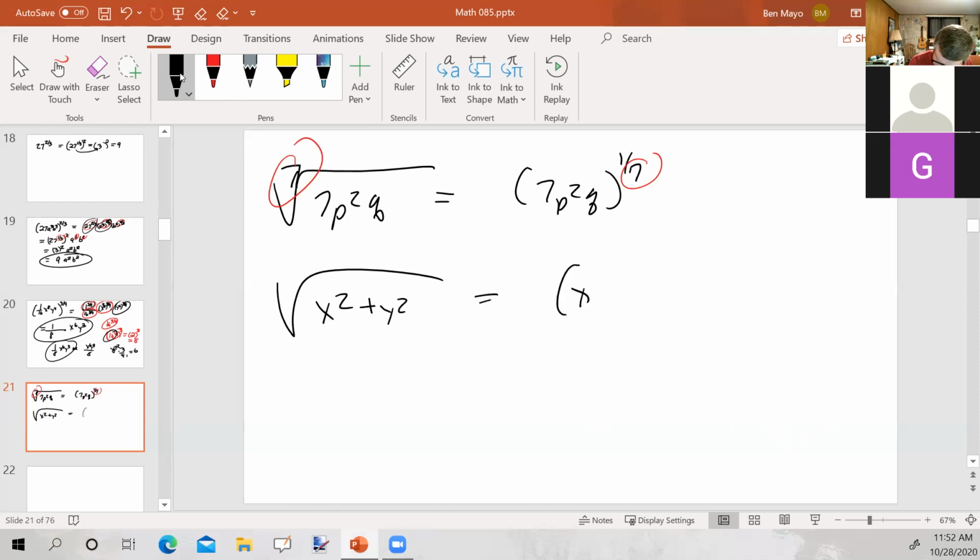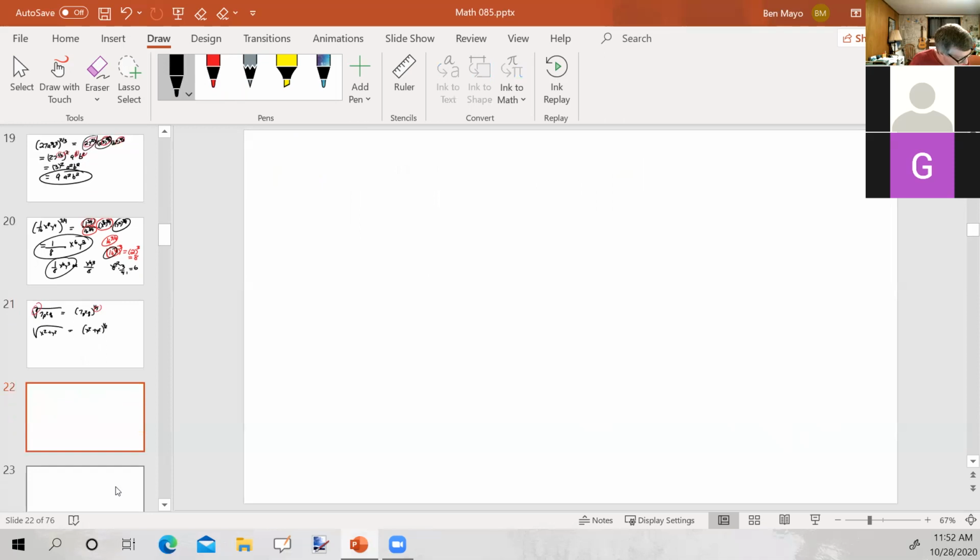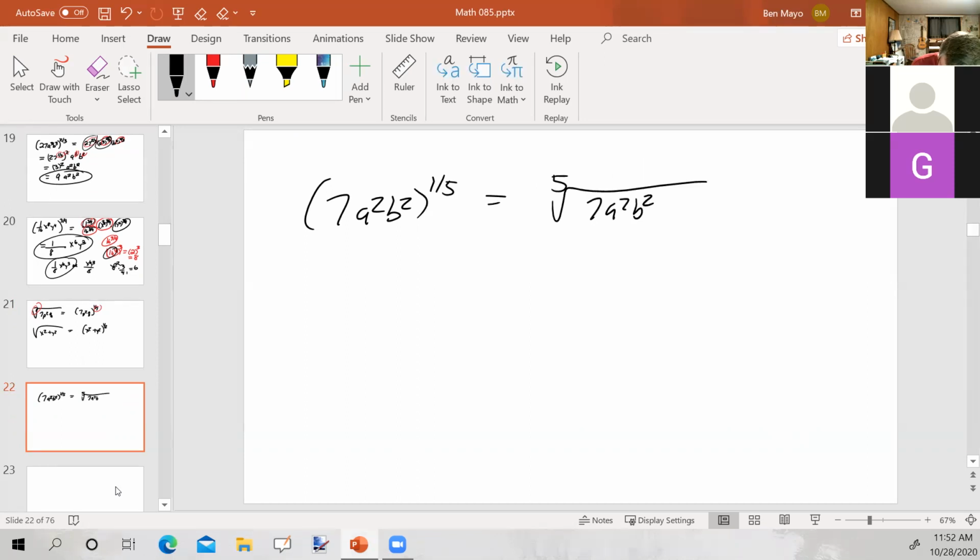Same thing, this would be to the 1/2 power. You okay there? Yes. Right? Now we're going to go the other direction. Write each exponential expression as a radical expression. So this would be the 5th root of 7a squared b squared.